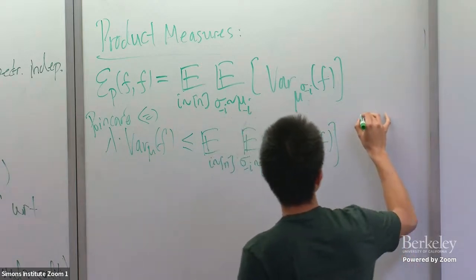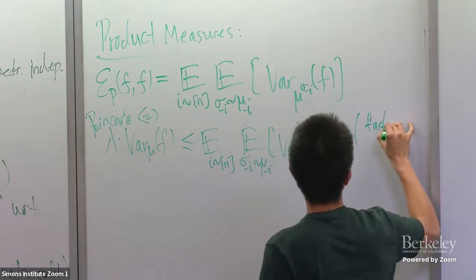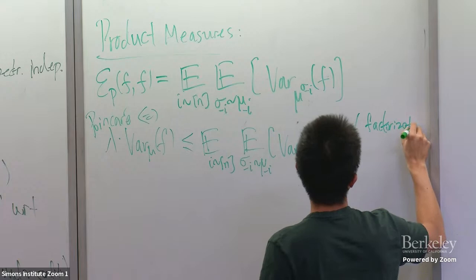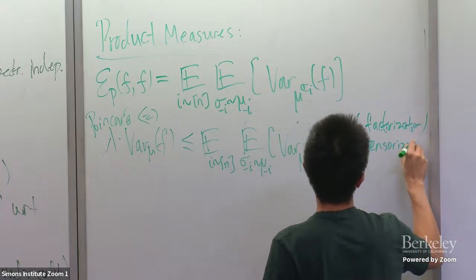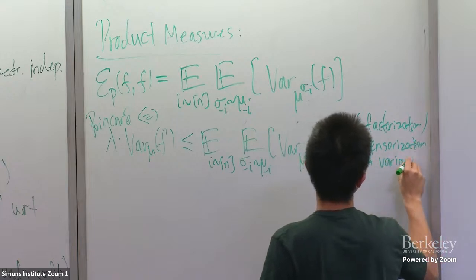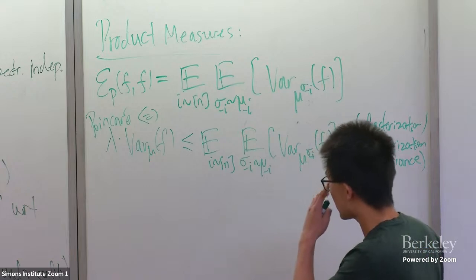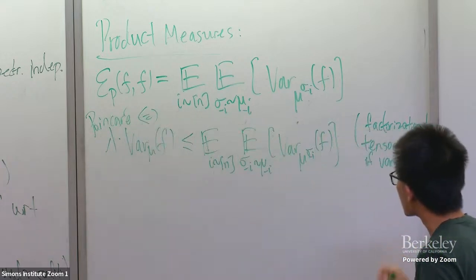Sometimes this is called factorization or tensorization of variance, or like I say, an approximate version. Okay, so how do you do it for product measures?